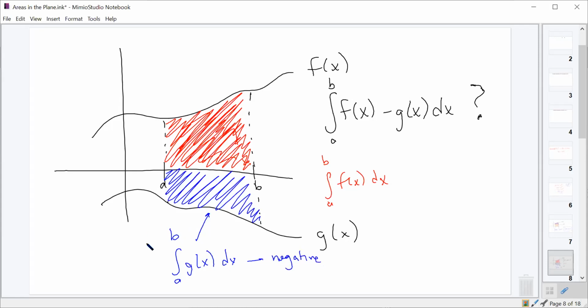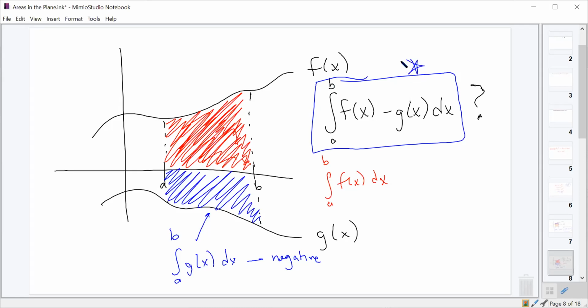So if I take this integral, which is negative, and subtract it, what does that effectively do? It makes it positive, right? And so it would appear that this integral of f minus this integral of g should make this minus a negative and come out as a positive value, which should give us the entire area between the two curves.